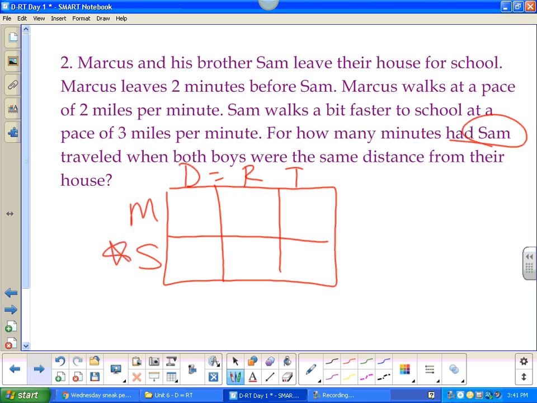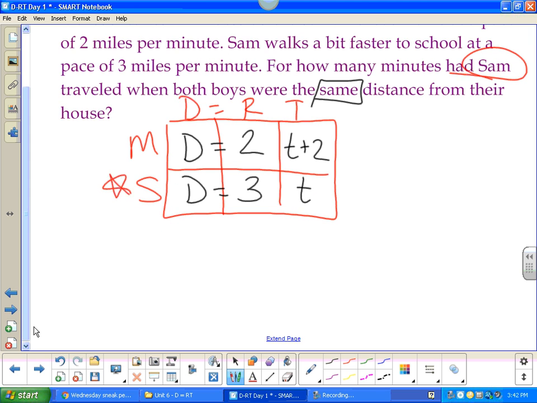Okay, let's talk. Marcus leaves 2 minutes before Sam, so he gets a 2-minute head start. Sam is just T. Marcus walks 2 miles per minute. Sam walks 3 miles per minute. I want to know when they were the same. So I'm going to set them equal to each other.